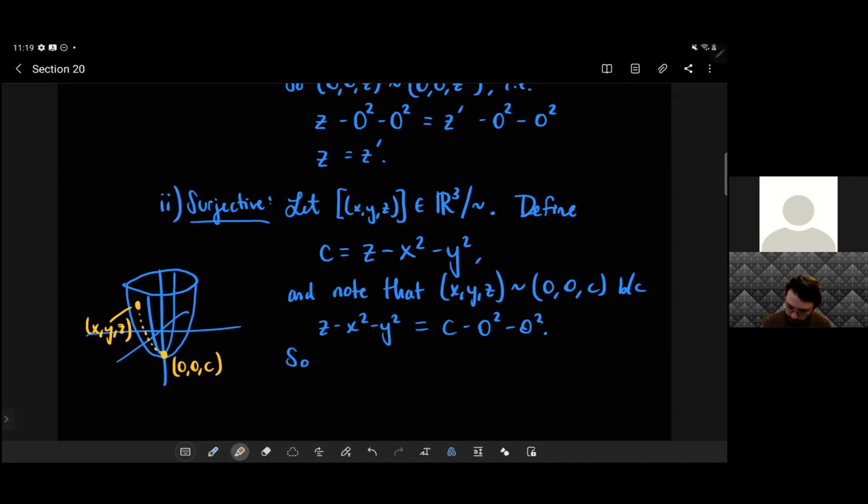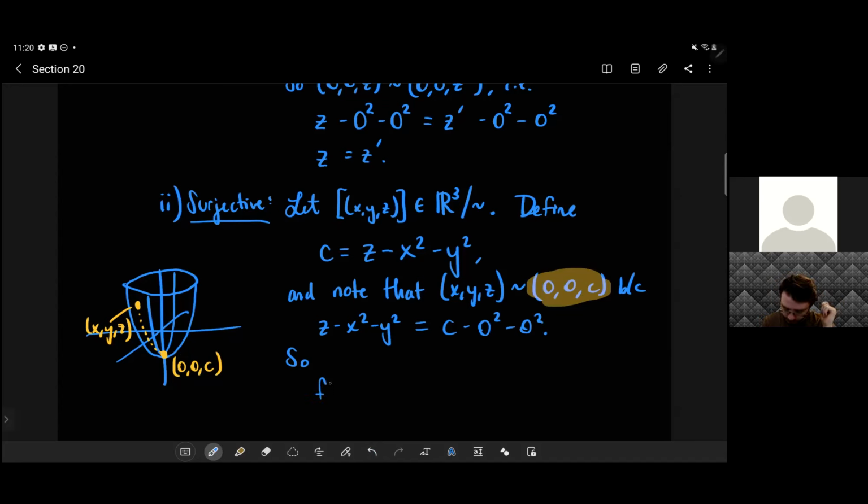Okay, so that tells us these points are equivalent, right? This one and this one lie on the same paraboloid, the same equivalence class. And so, okay, what point can we pick, right? Remember, we're doing surjectivity. We're trying to find some point, well, we've kind of transitioned. We're trying to find some z value that maps onto this. Okay, but we've sort of already done it.